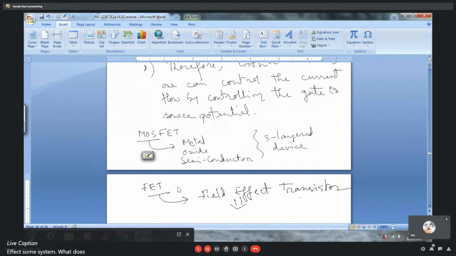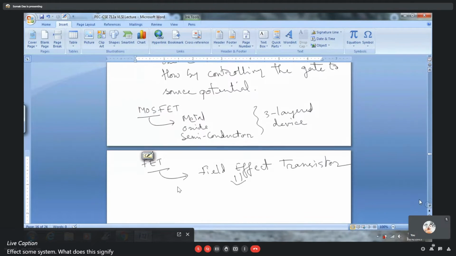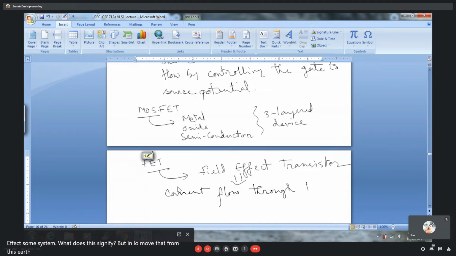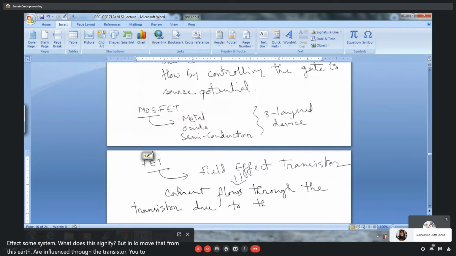What does this signify? Current flows through the transistor due to the effect of an electric field.